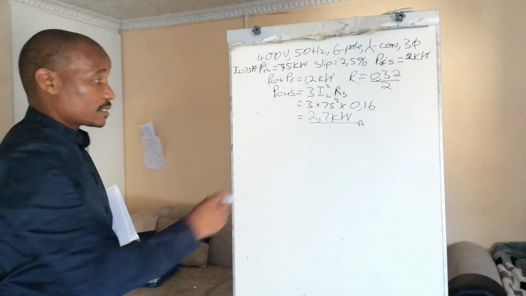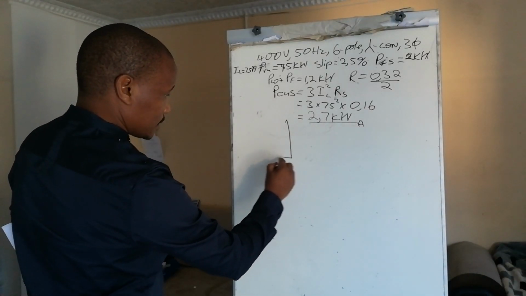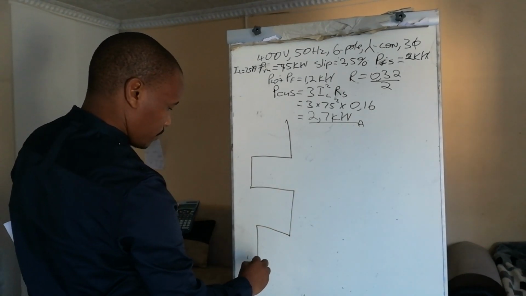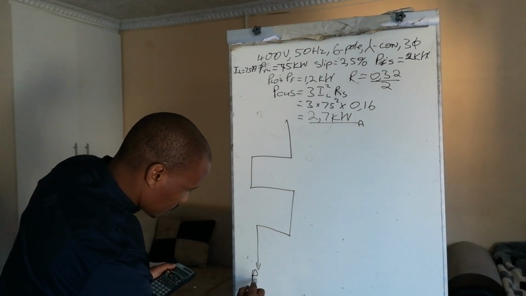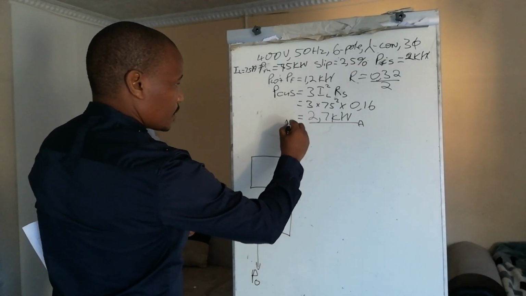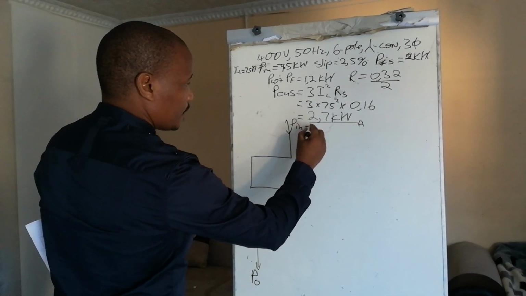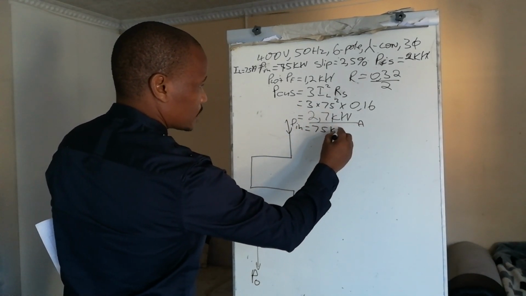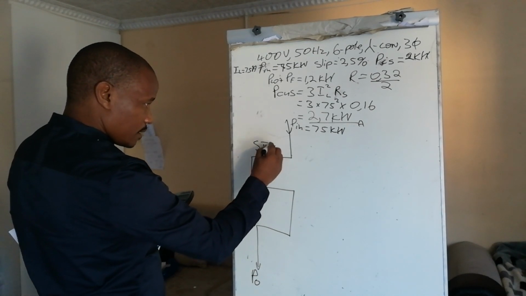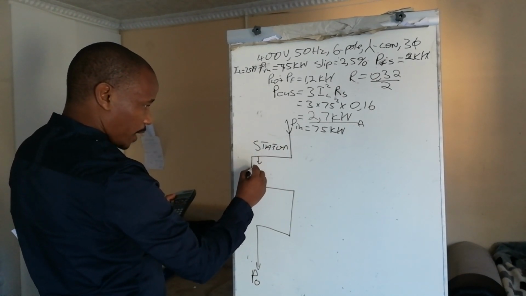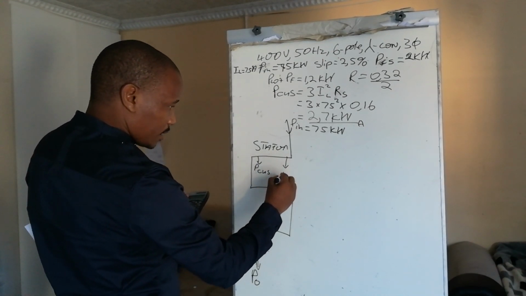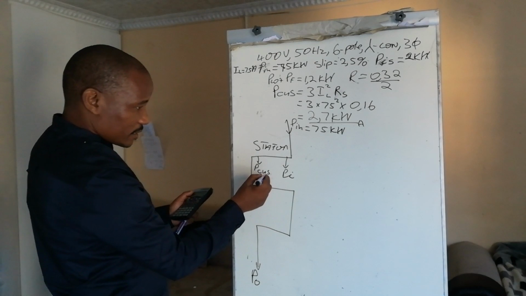Now, from my diagram, this is the input, which is given at 75 kilowatts. And then here we've got the stator. The stator has the stator copper losses and the iron losses.